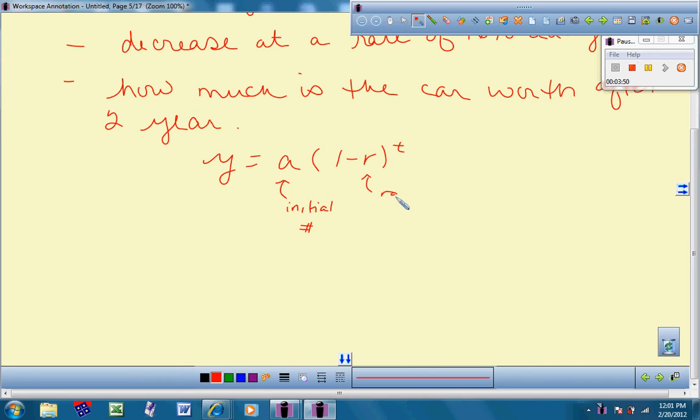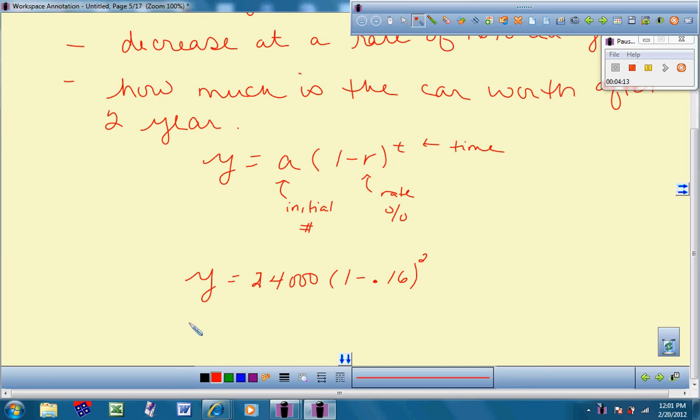R is your rate, usually a percent. T is your time. Well, we know when we bought the car we paid $24,000. We know it's decreasing at a rate of 16%. We're going to turn that into a decimal. And we want to know what it's worth after 2 years, so my exponent t becomes 2.